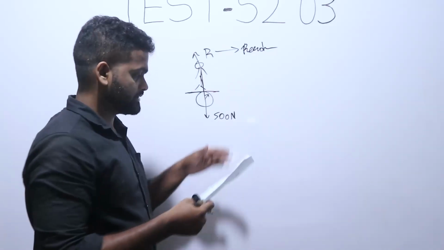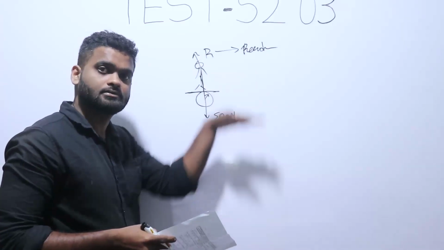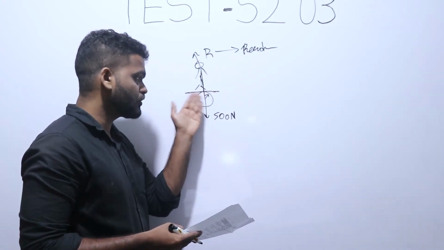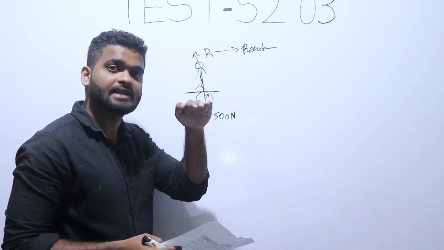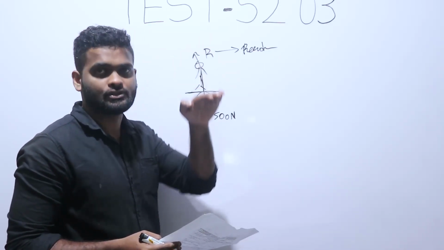Then let's say it is oscillating vertically, goes up and down, up and down. So what they are asking is, this is showing different readings depending on the acceleration at each stage. So the acceleration is constantly changing.